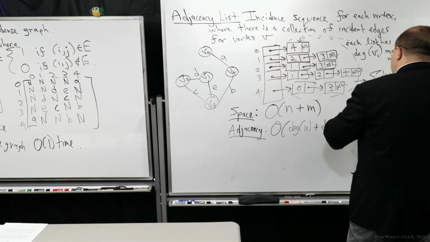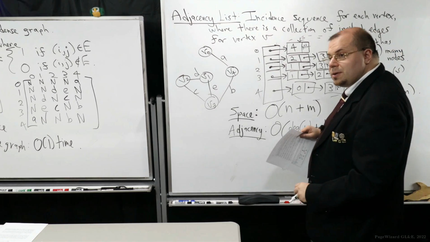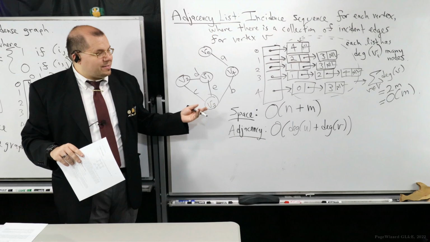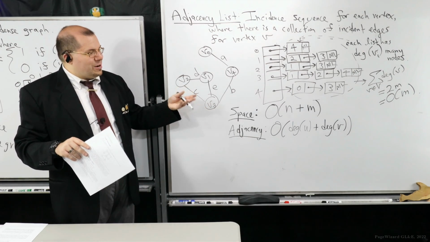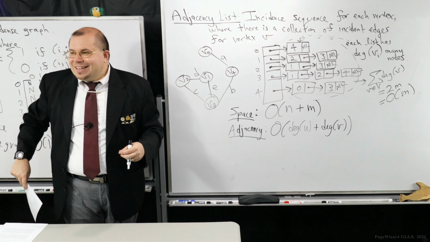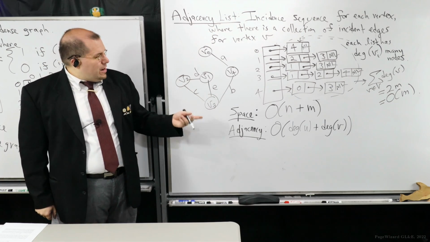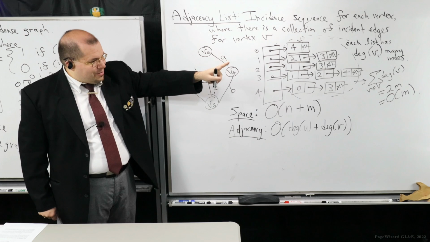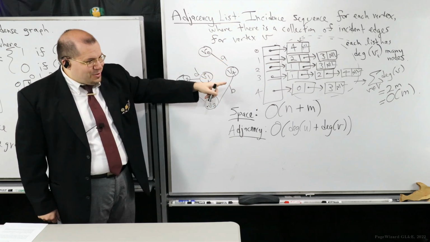It could be the sum of these, it could be the min of the two. Keep in mind, you can always tweak this a little bit. You could say, okay, which one's the shorter of the two? I'll take the shorter of the two. Because keep in mind, if I do access this spot and it's indeed adjacent to the other endpoint, it doesn't matter which of the two you go down.